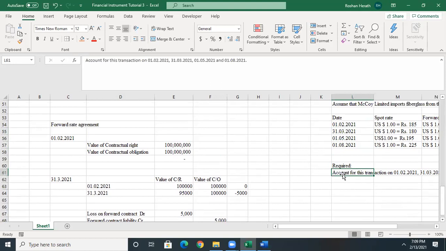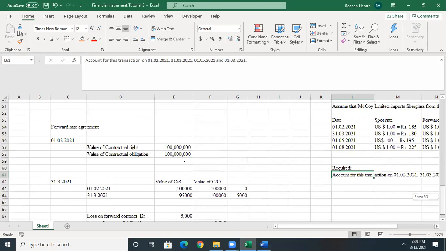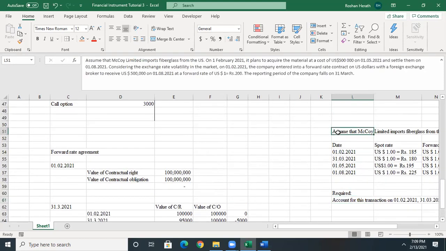Then it comes to another important date, that is 1st of May 2021. That is the day where you are going to purchase the inventory.